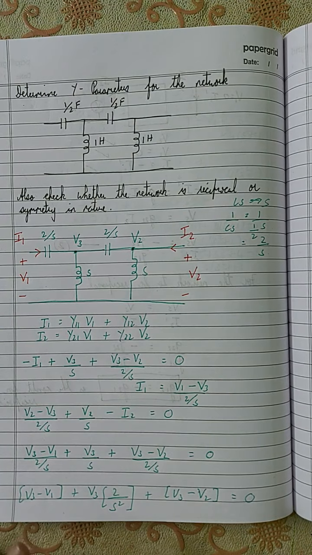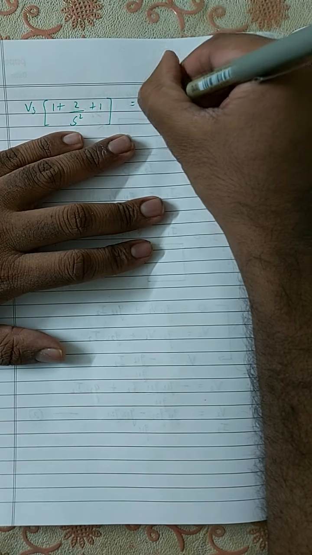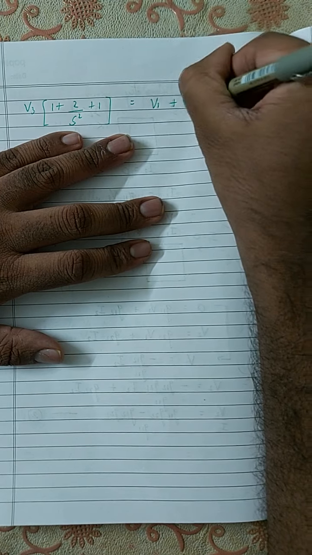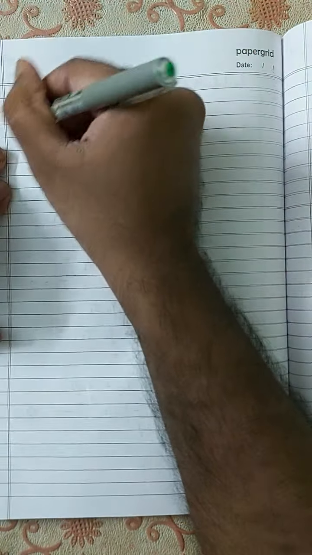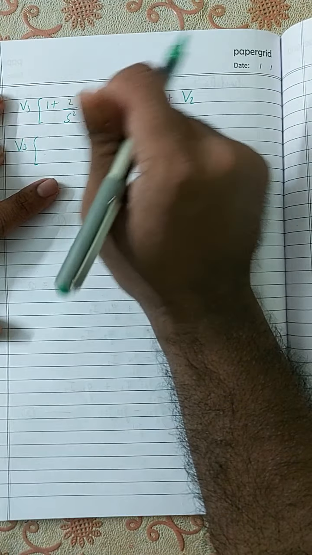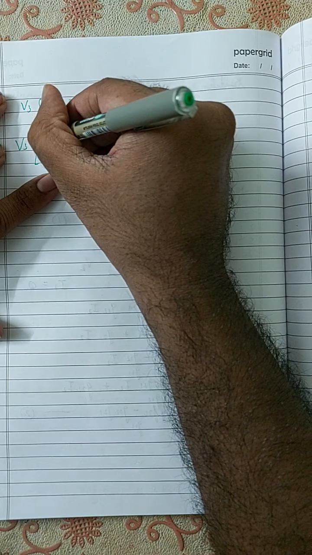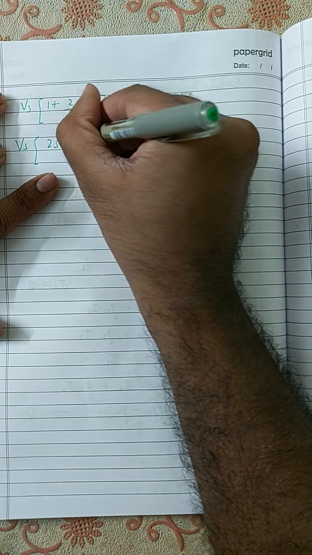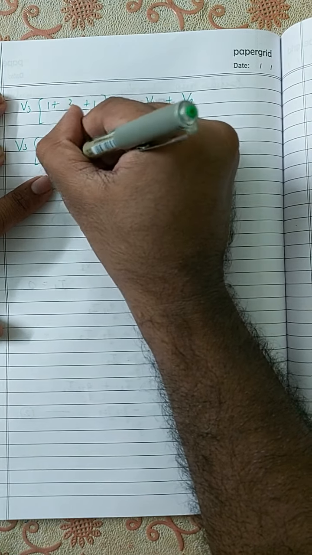Okay, and then I'm going to bring V1 and V2 over to the other side, so this will become equal to V1 plus V2. Or this is also equal to V3 into (2s square plus 2) by s square.